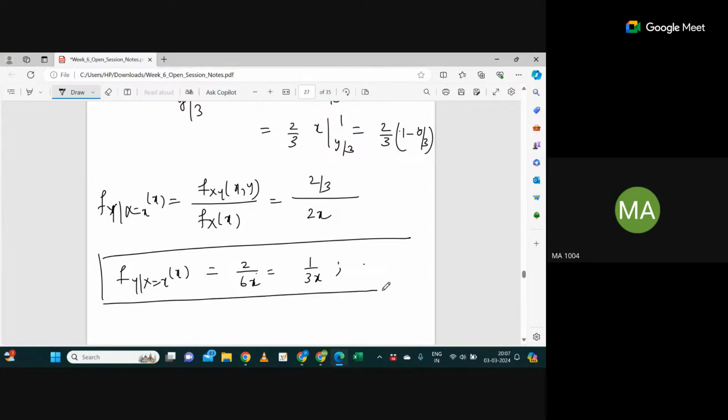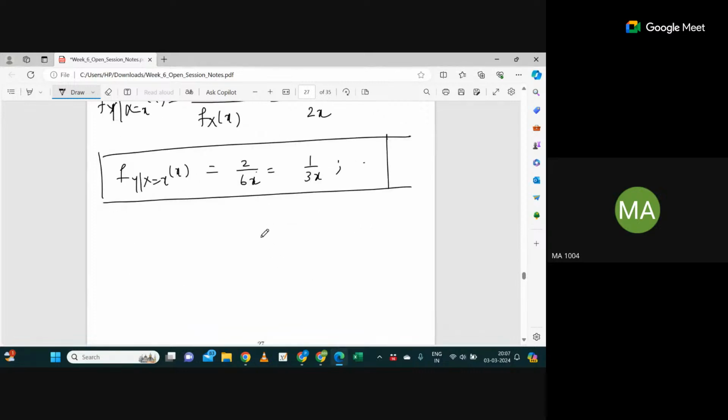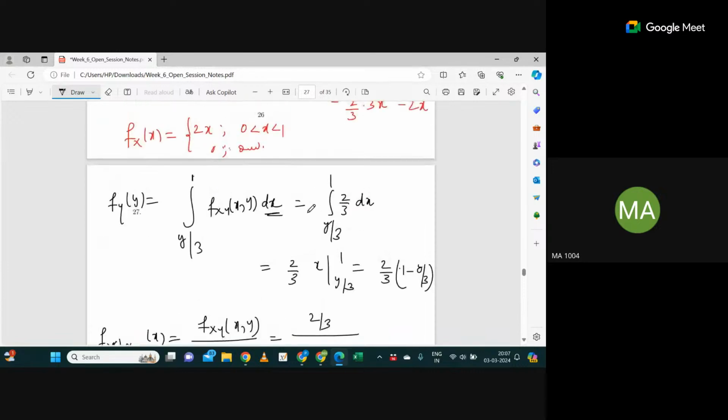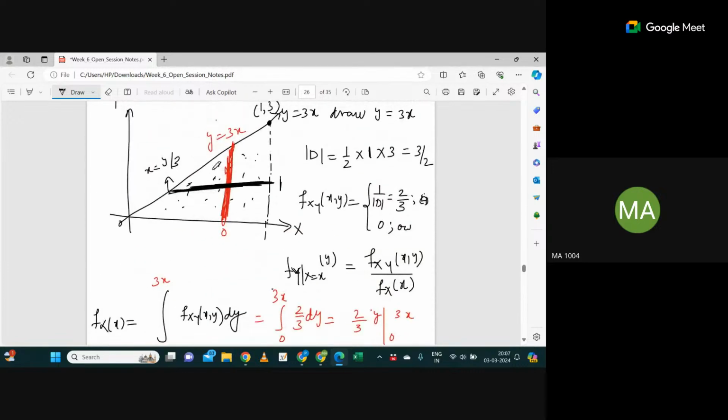And what is the support of this conditional probability, first of all? Can you tell me the distribution of y given x equal to x, by seeing this 1 by 3x? I got 1 by 3x.